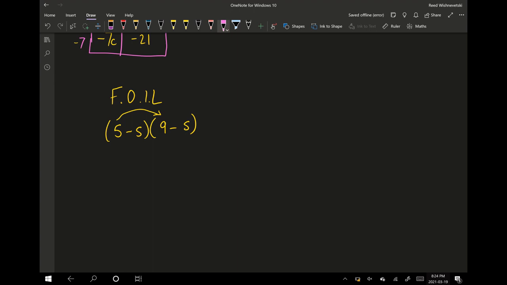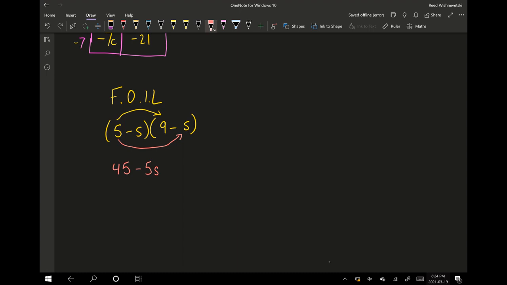Okay, so our first terms are going to be 5 times 9, which is going to give us 45. Then we're going to do our outer terms, which is 5 times negative s, which is going to give us negative 5s.